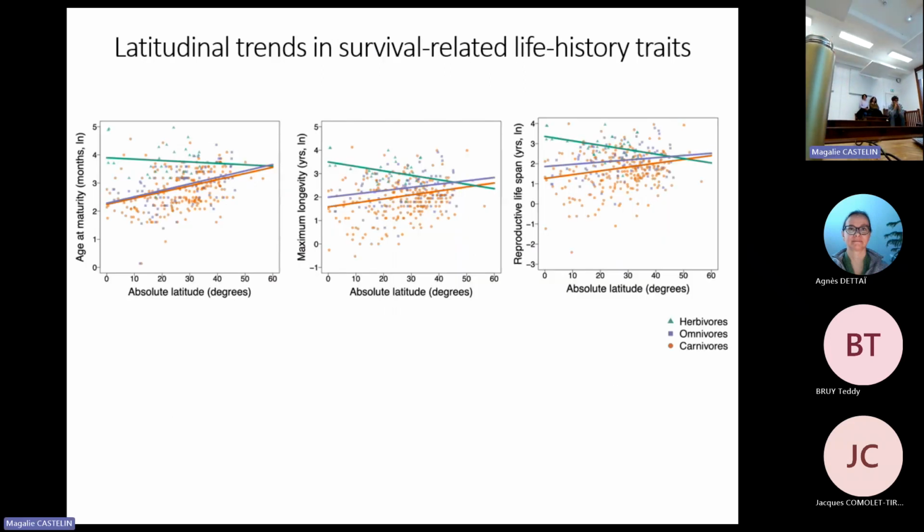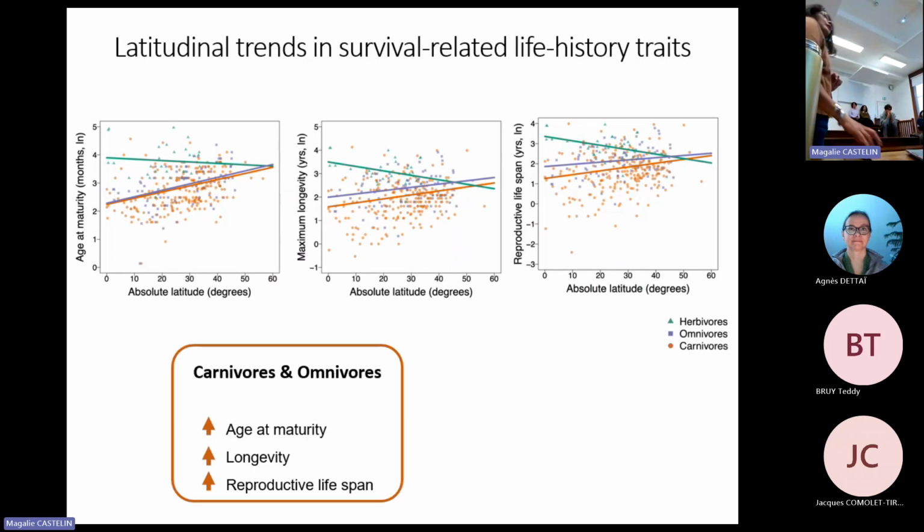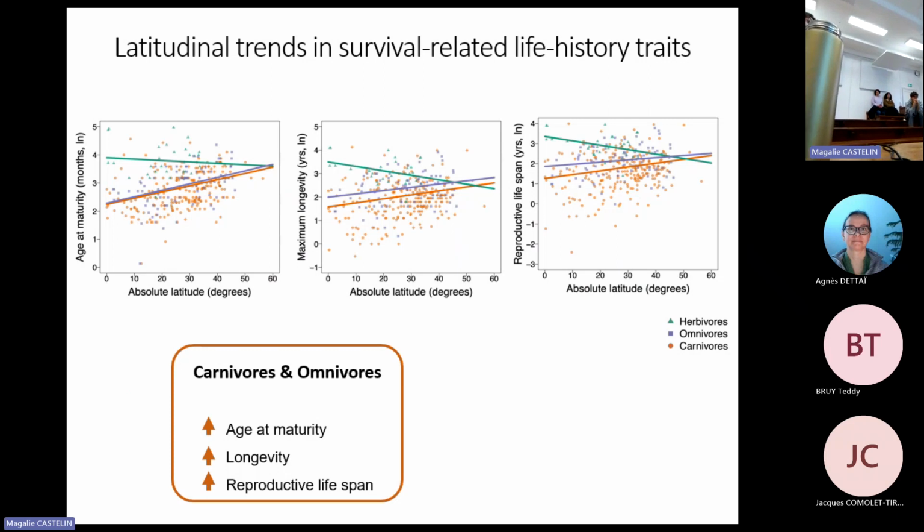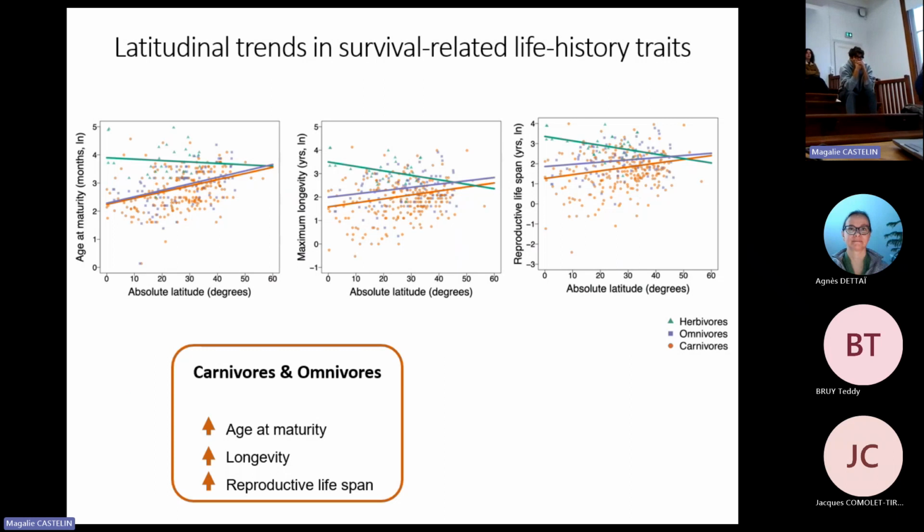And the first thing you see here is actually the slopes of the lines change depending on what diet you have. So we see latitudinal trends in survival-related life history traits shift. So carnivores and omnivores, which is purple and orange, increase their age at maturity as they go from equator to the temperate.